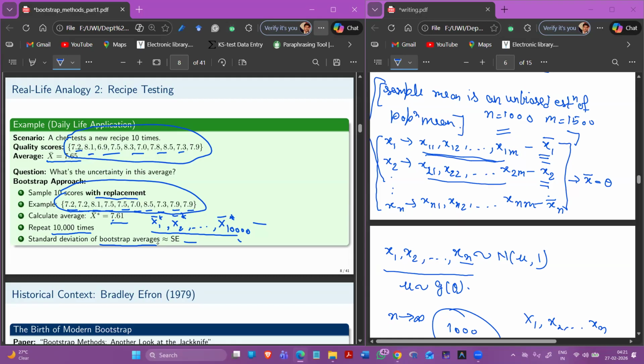So now I'm going to assume it as a population, and generate a random sample from this population with replacement. One observation can repeat more than once, right?